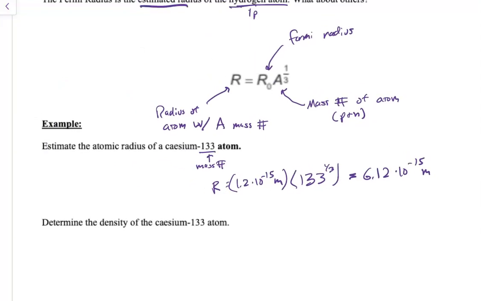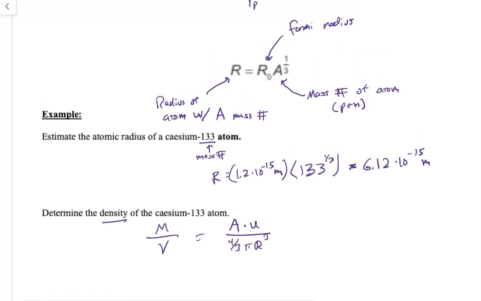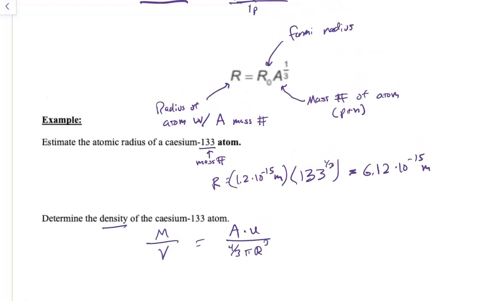Now I want to find the density, and this leads us to an interesting understanding of how dense these atoms are. Well, density is equal to mass divided by volume, where mass is equal to the amount of protons and neutrons times U, and our volume is 4/3 pi r cubed. But we have just found that our radius gives us a cube root.